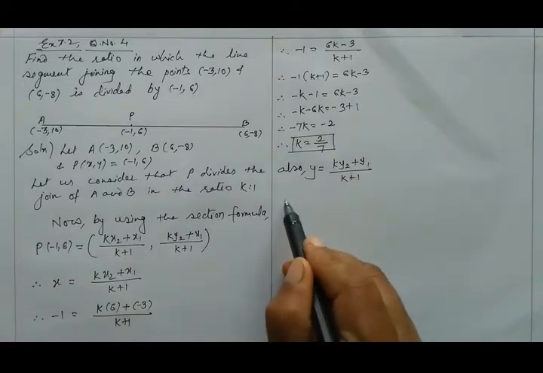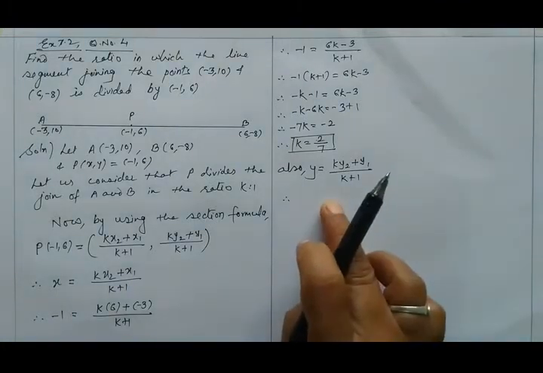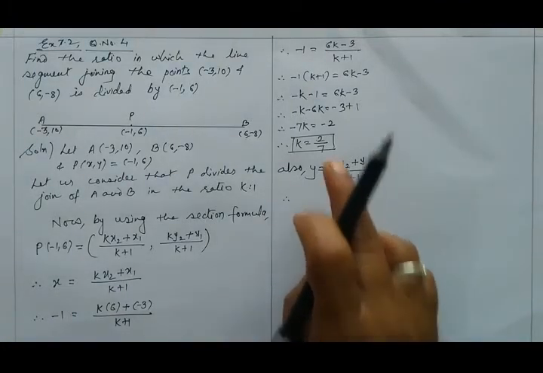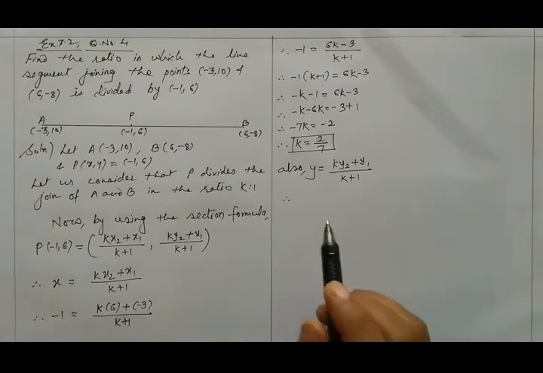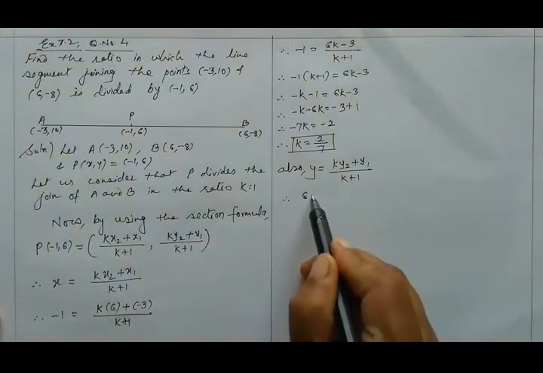Okay, both the ways you can do it. One is verification. This you can use it for verification, or you find the value of k again and it should come 2 upon 7. Okay, yes. So now what is y? Y is 6.